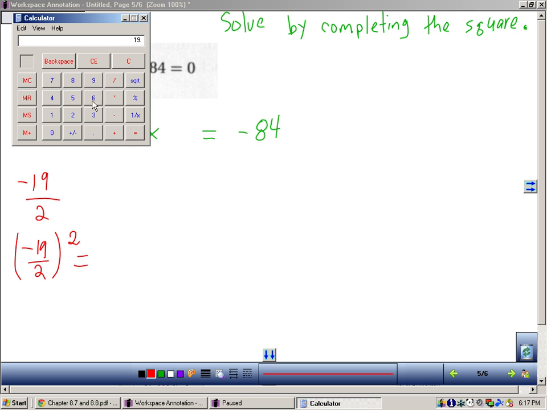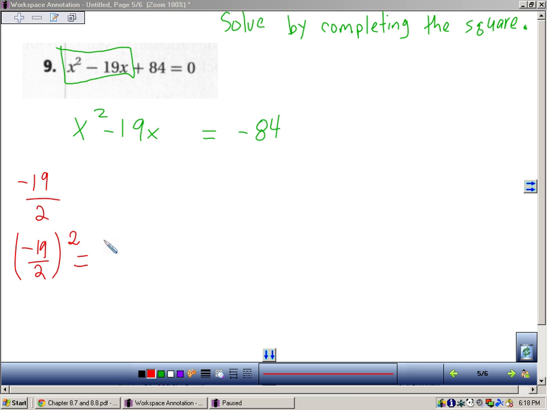Sometimes you need them. And that's 361, over 4. Now, what am I adding? I am now adding 361 over 4.